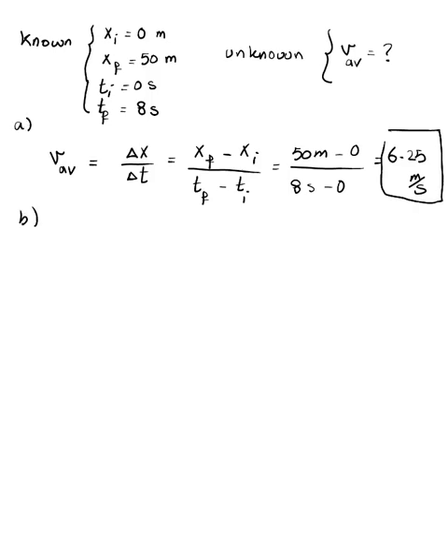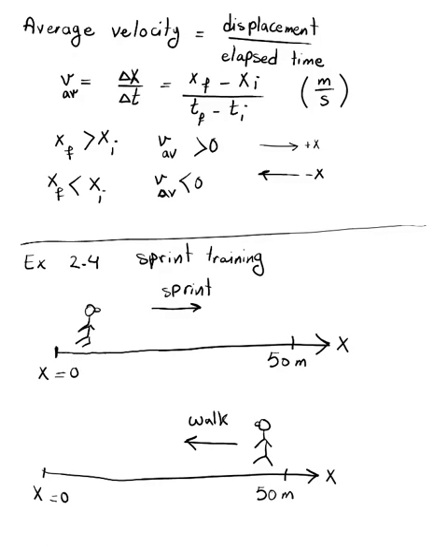So that was part A. Part B asks us to find the average walking velocity. My knowns are going to change a bit, because now we're talking about his way back when he walks. Let me go back to the other page to show you what happens.